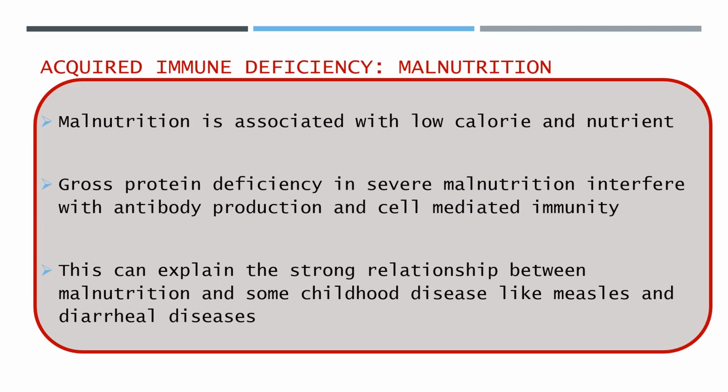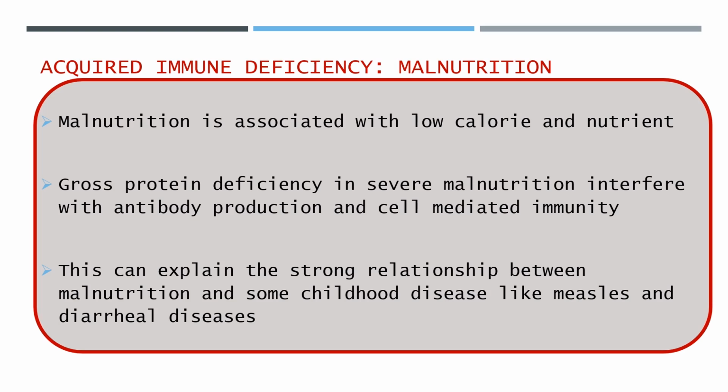The third item in this category is malnutrition. Generally, patients with malnutrition have low calorie and low nutrient intake. Because of the gross protein deficiency in this group of patients, there is interference with the production of immune products like the cells and the proteins that are involved in protecting the body.